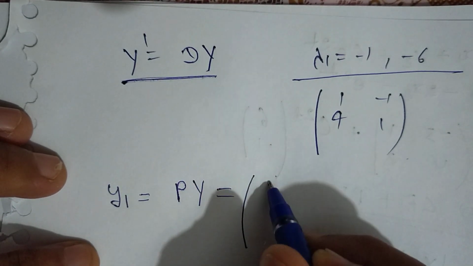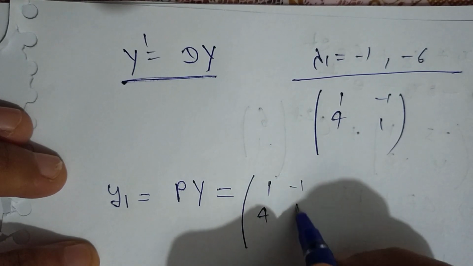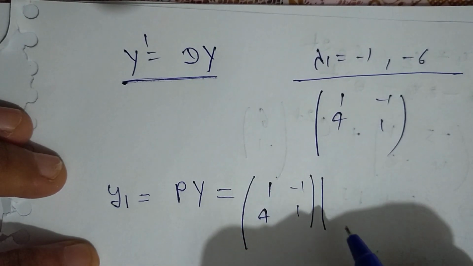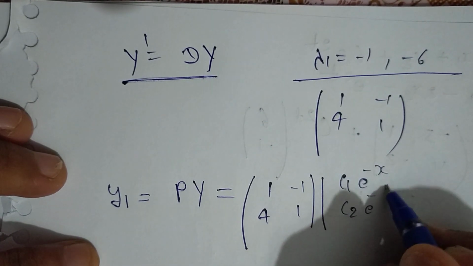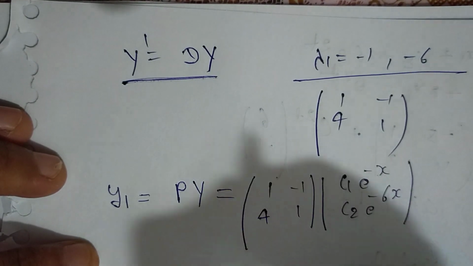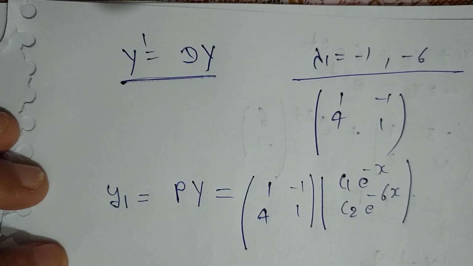So P equal to [1 -1; 4 1] and y equal to [c1 e power minus x; c2 e power minus 6x]. So this is your complementary function, Py.